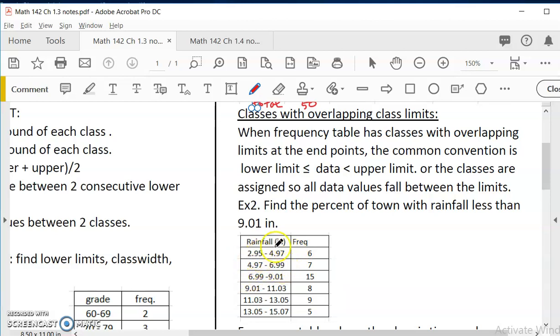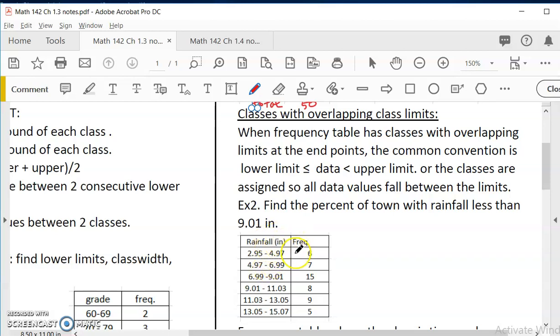You might wonder, if I have a number of 4.97, should it belong to the first or the second? Now, usually when they pick a class limit like this, there is no chance of having data that is 4.97. Usually the real data is actually to one decimal place, so the highest number would be 4.9 or 5.0.